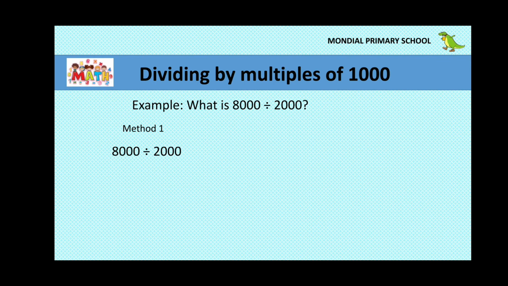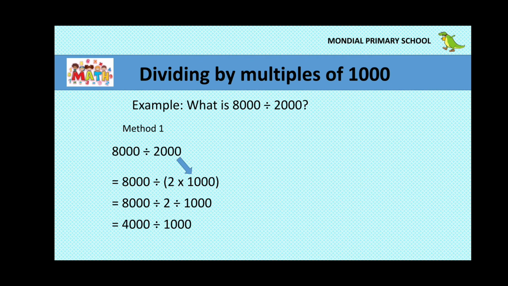Hence, using the first method, we can break down 2,000 into 2 times 1,000. Then, we divide 8,000 by 2 first. What is 8,000 divided by 2? It is 4,000. Great. Next, we divide it by 1,000 and that will give us 4.